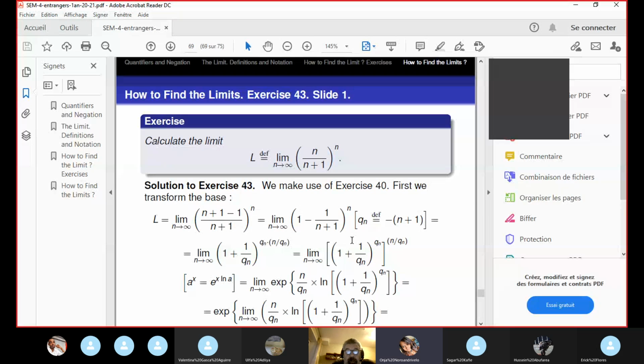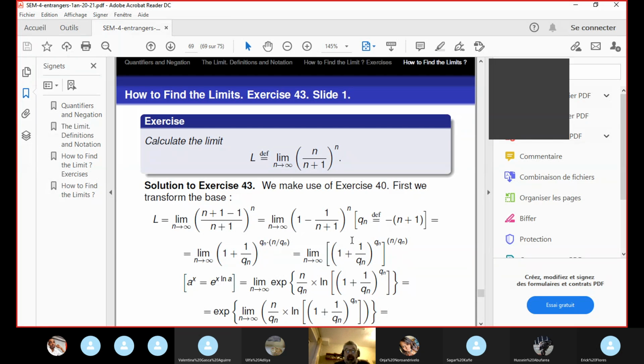So now, you see a very complicated formula. For the expression in the square brackets, what do we want? We want to use the limit as q sub n goes to minus infinity, so the second limit in our exercise number 4.